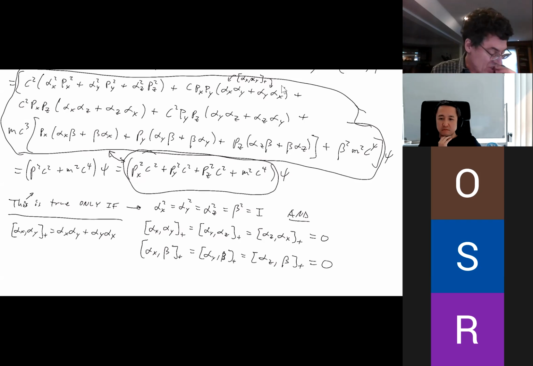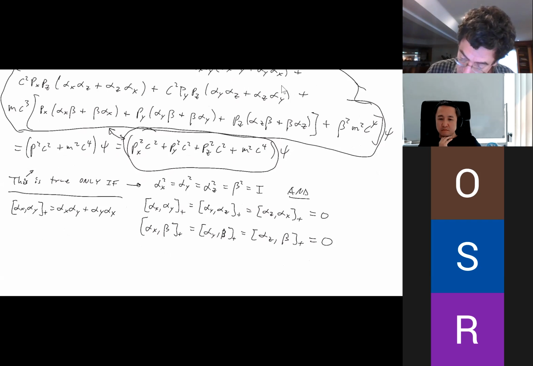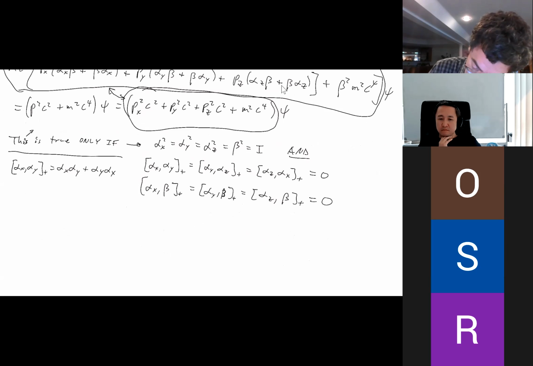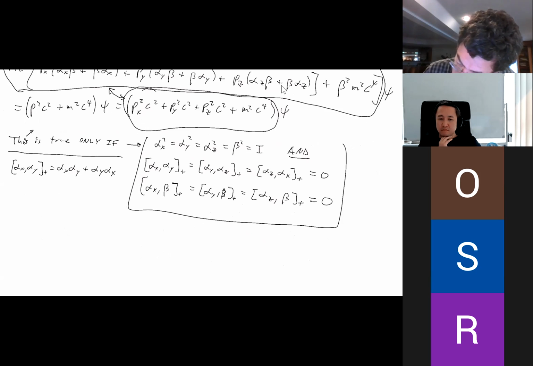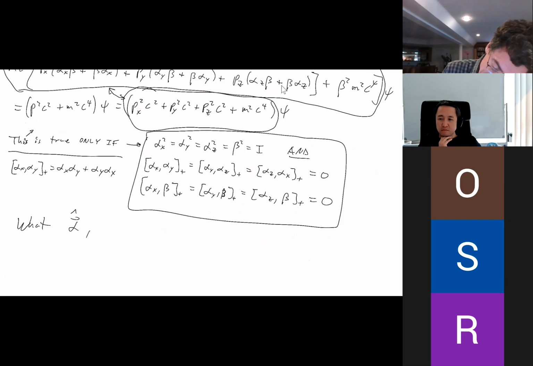But then he went further and said, okay, now I have a constraint on alpha and beta. What alpha and beta satisfy this constraint?